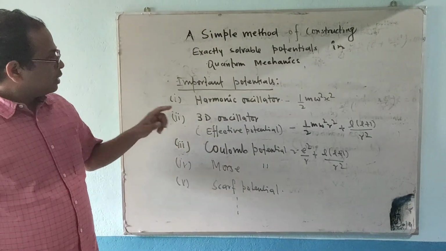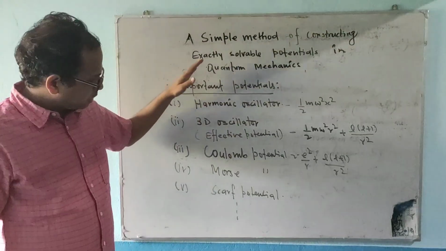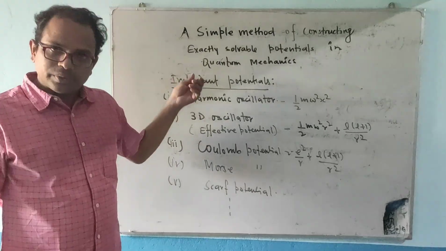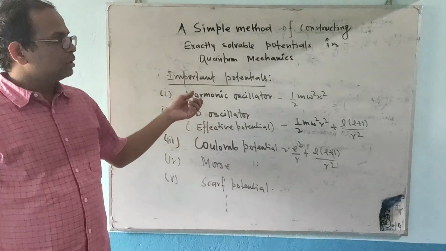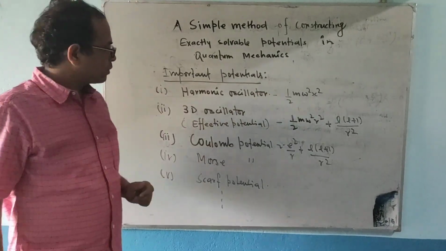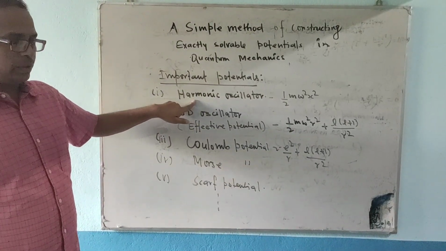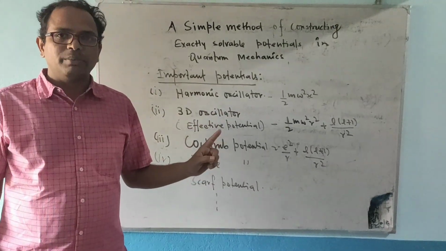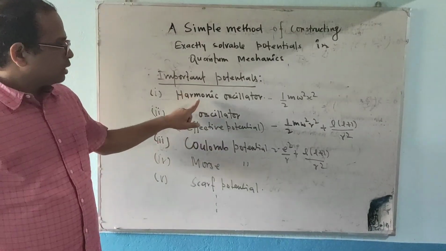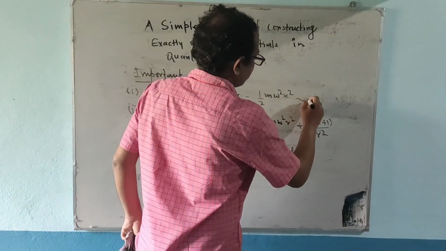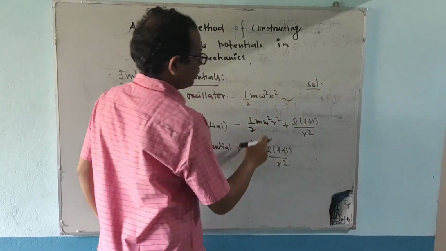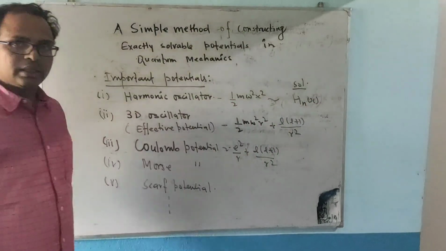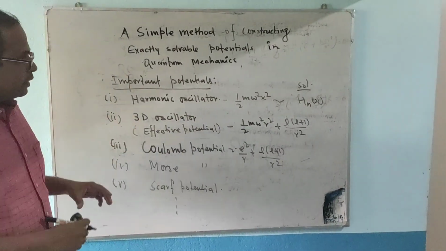What we see, when you find the solutions of all these potentials, the solutions of these potentials are associated with the orthogonal polynomials. For example, if you consider this harmonic oscillator and use the Schrodinger equation and solve by the normal or usual method, we get the solution in the form of Hermite polynomial H_n(x).